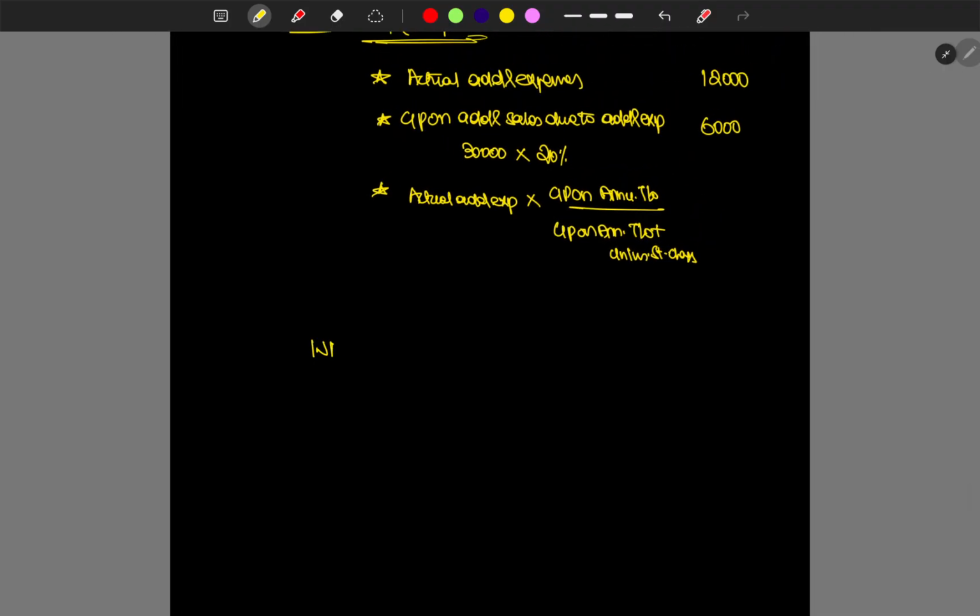First we need to find out the annual turnover. So working note, annual turnover. What's the annual turnover period? From March 16, 2022 to March 15, 2023. This is the period prior to the immediate day of fire.